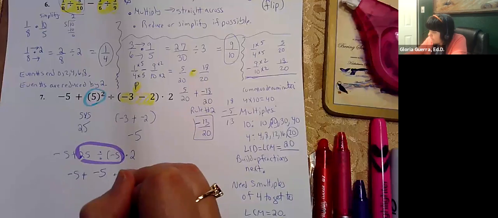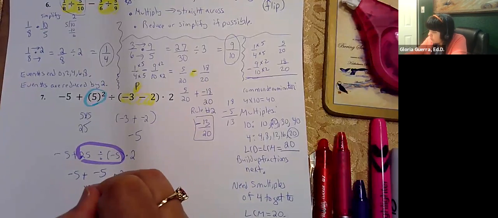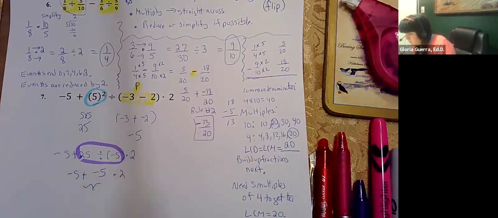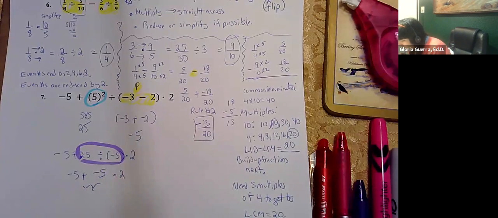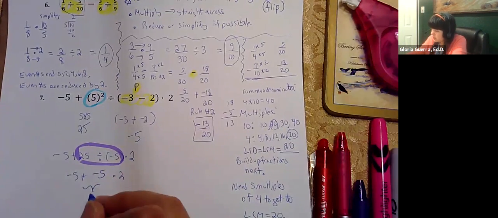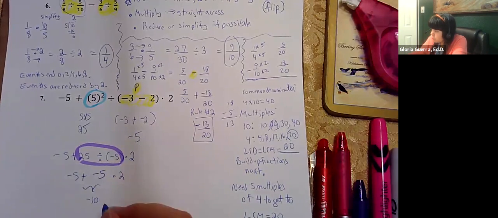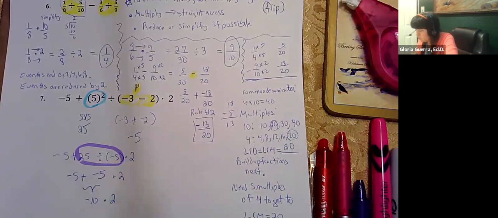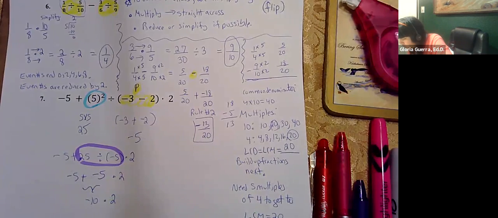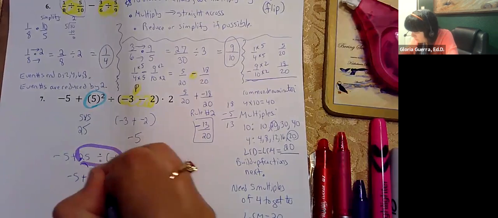Bring that down. -5 plus a -5 is a -10 times 2.